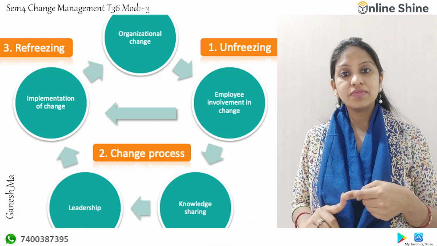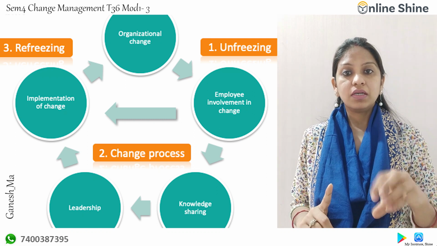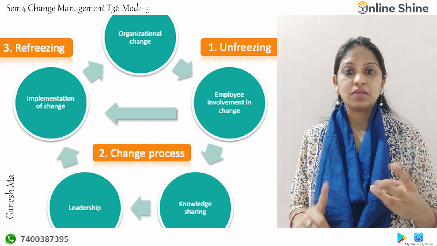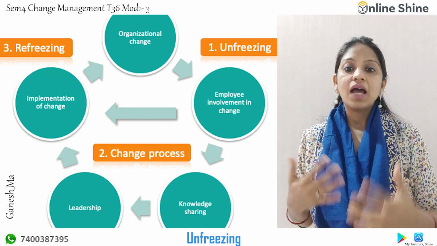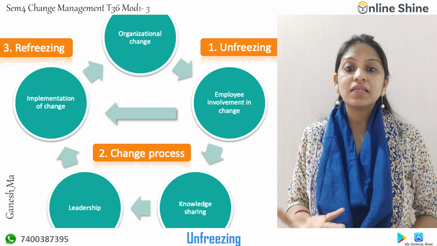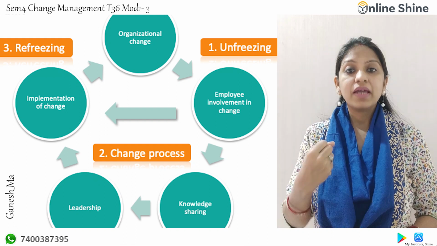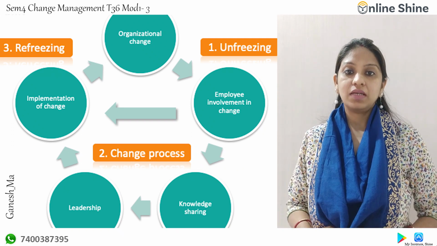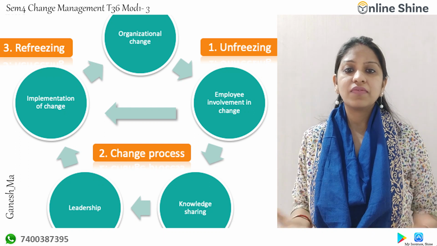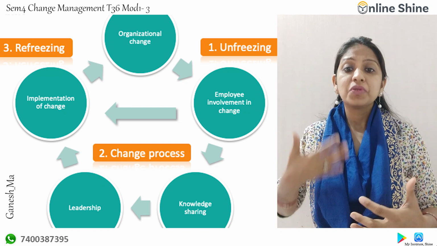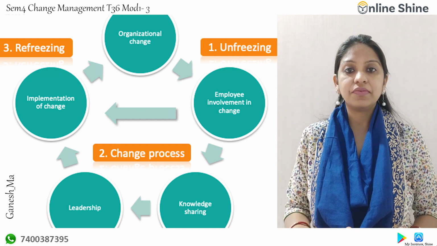Number 1, we have seen the Kurt Lewin model, which sums up its model in 3 points: unfreeze, changing, refreezing. Unfreeze means recognize a need for change, then determine what needs to be changed in the organization and encourage the replacement of old behaviors and attitudes because you are going to bring the new change. So this was the unfreeze.